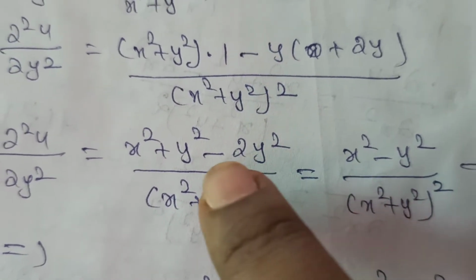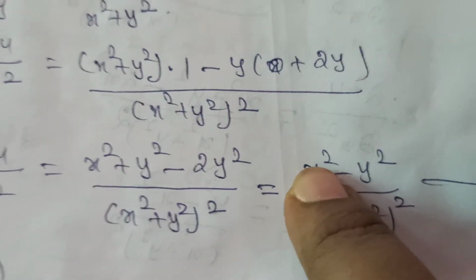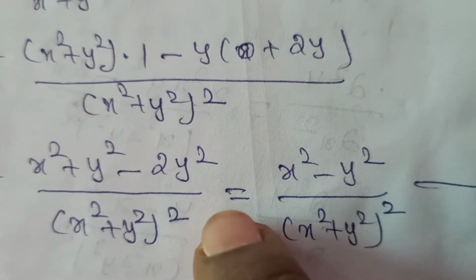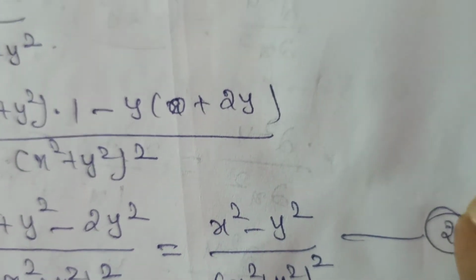So multiplying, we get x square plus y square minus 2y square, divided by x square plus y square the whole square, which equals x square plus y square minus 2y square, that is, minus y square, divided by x square plus y square the whole square. Take this as equation number 2.